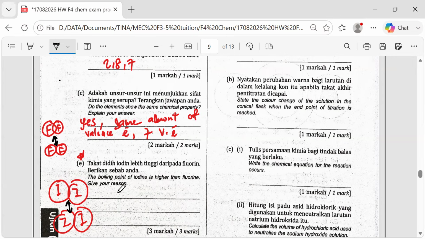So give your reason. The size of iodine molecules is bigger than fluorine molecules.